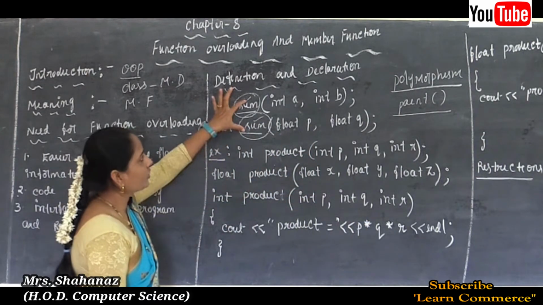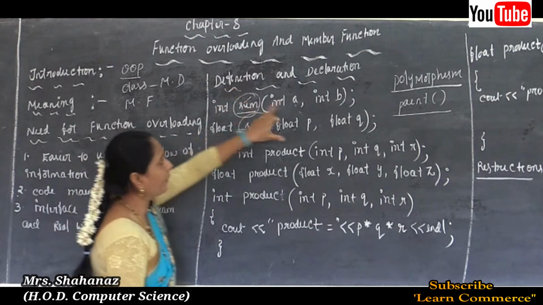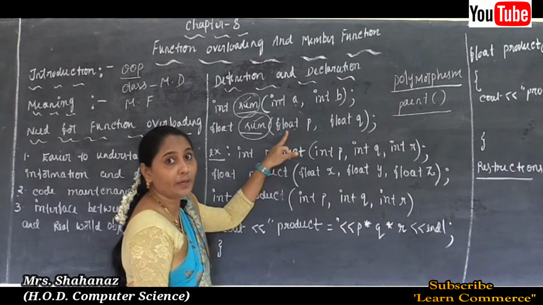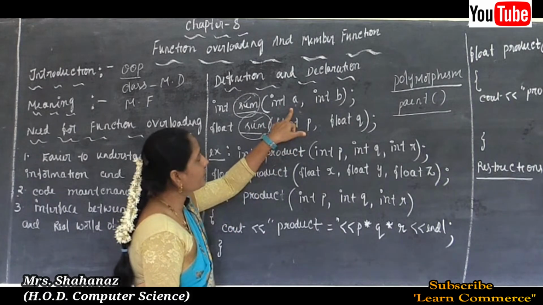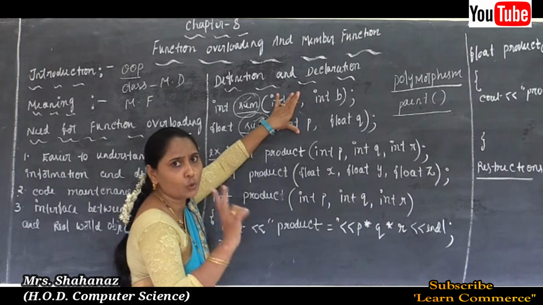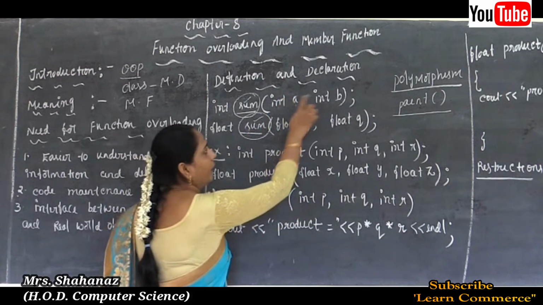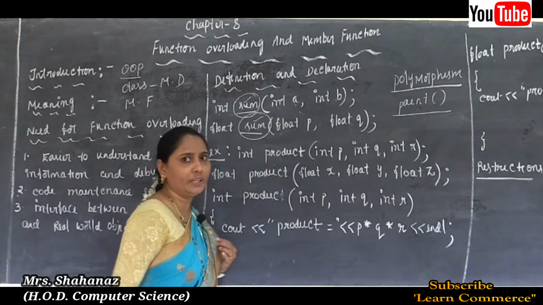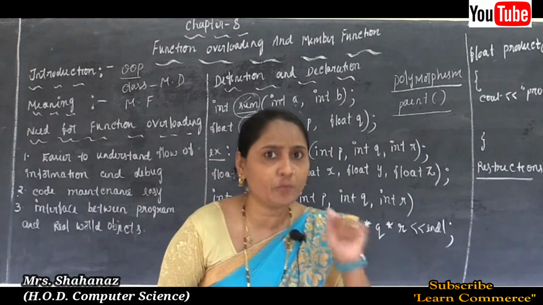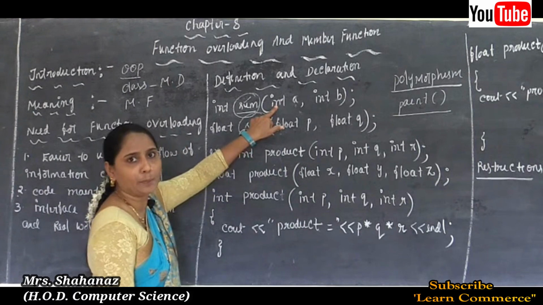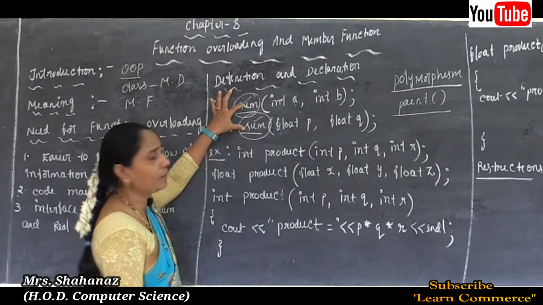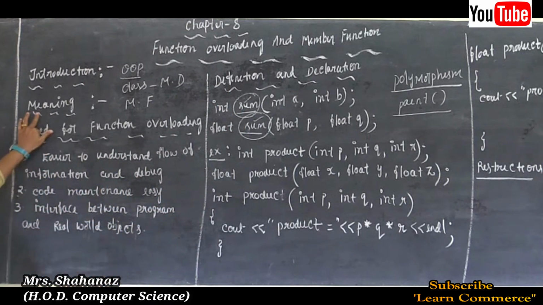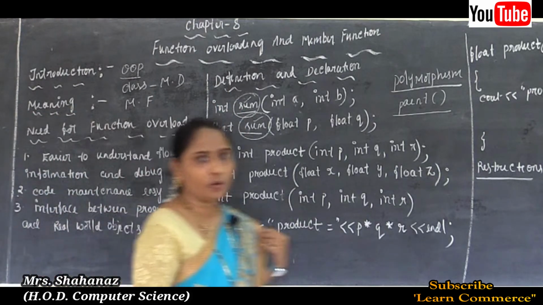So the function name is the same, with int data types here and float here, but in both cases I used 2 arguments only: A, B, P, Q. Here also 2, here also 2. So there is no difference in the number of arguments, but there is a difference in the data types of the arguments. The function name is the same. Okay. Now this is the meaning of function overloading.